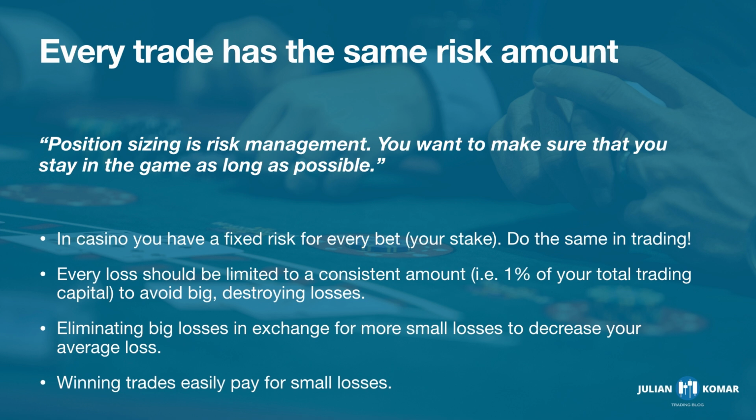The second point, which is very important, is that every loss should be limited to a consistent amount to avoid big, destroying losses. Big losses are the number one problem why most traders go bankrupt or give up before they reach their goals.